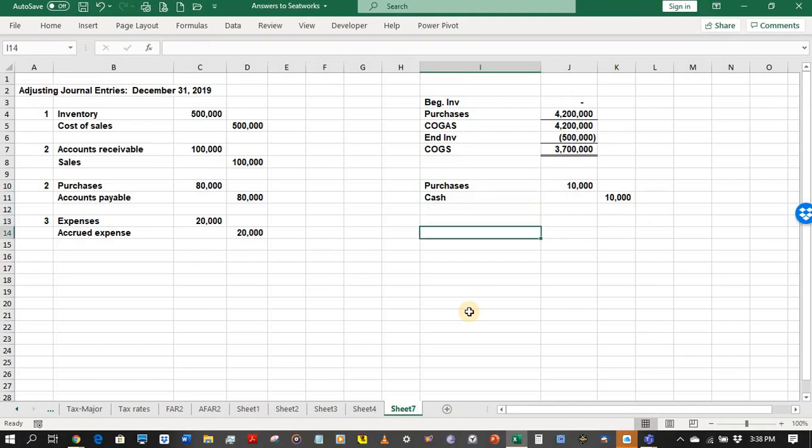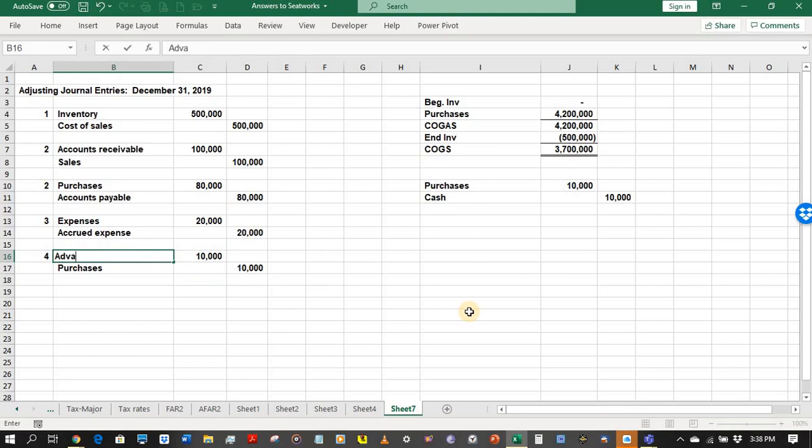So, tatanggalin natin yung purchases na yan. So, paano tanggalin? Credit purchases, 10,000. At mag-set up ng receivable from the president. So, ano tayo? Advances to officers. So, yung advances to officers is a receivable account.